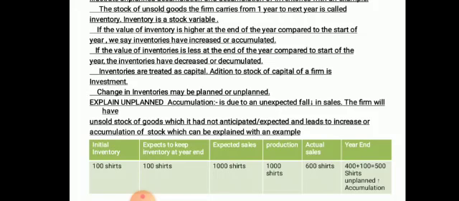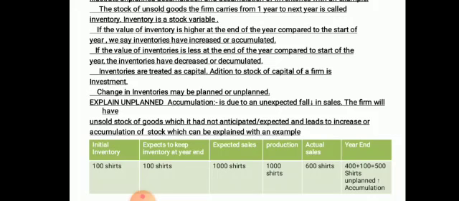So at the year end, what will be the stock now? 1000 it has produced, where actual sale is 600. So 1000 minus 600, remaining is how much? 400, plus the stock of 100 at the beginning. That stock becomes how much now? 500 shirts.